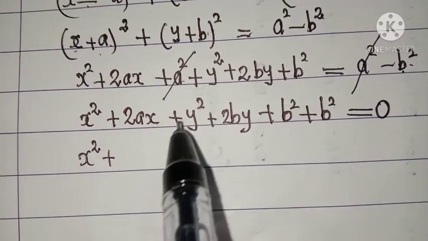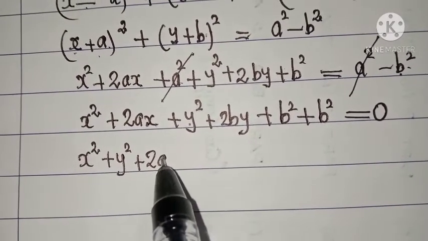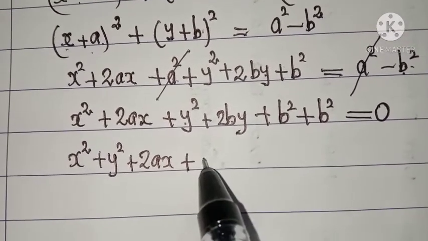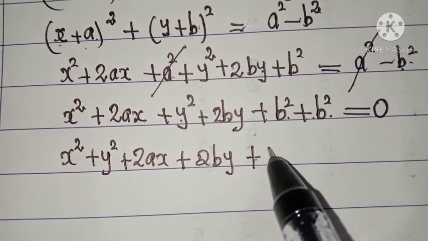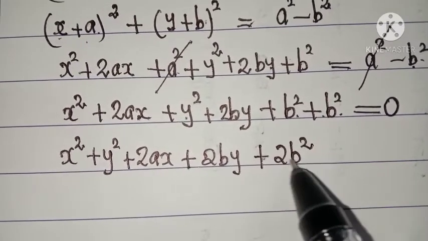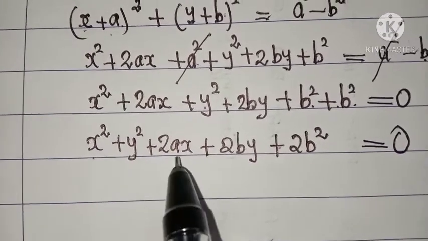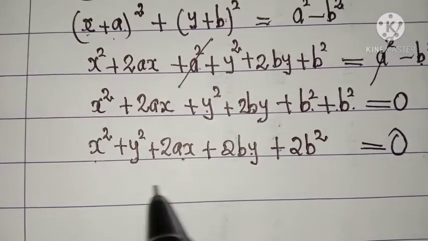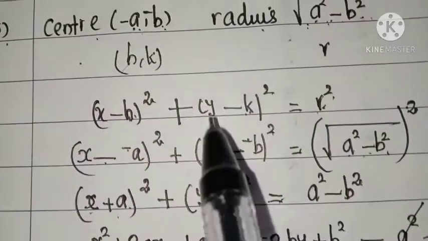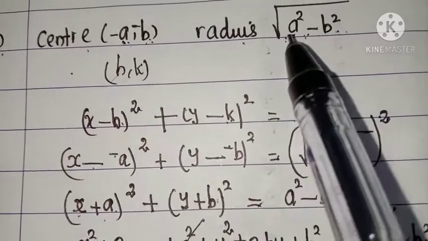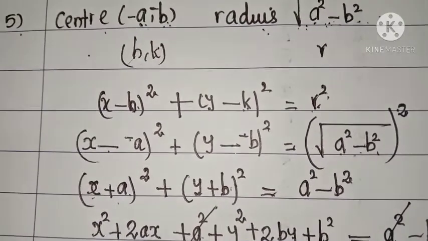So x square, then y square term, then x term 2ax, then y term 2by, plus b square plus b square. b square plus b square is 2b square. This is the constant term, equal to 0. x square, y square, x term, y term, constant term. So this is the required equation of the circle whose center is (minus a, minus b) and radius is root of a square minus b square.